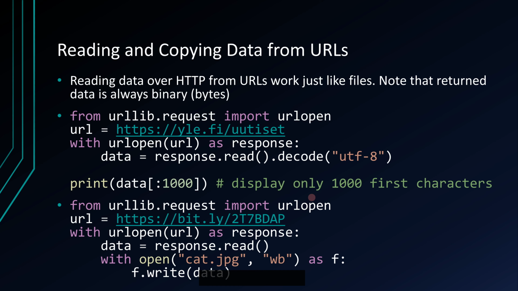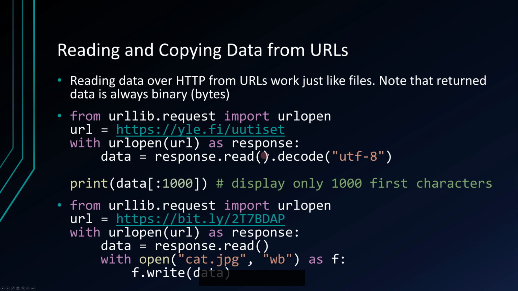And now we are trying to read a web page from this address. This is in Finnish language, it's news, and we use the same pattern. So instead of the command open, we use urlopen, and we give it the URL, and then instead of f we just write response, and we try to read it all.